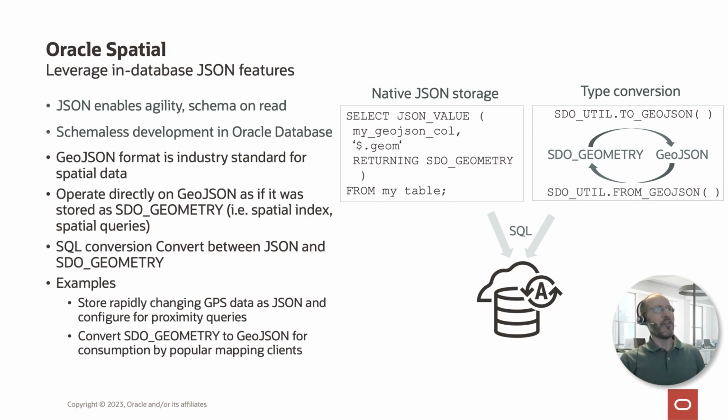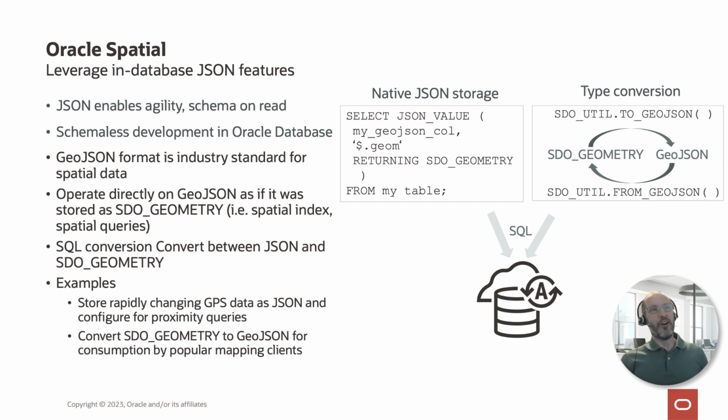So that means that you can enjoy the benefits of this agile management of JSON data with the schema on read, and if it includes GeoJSON, you can apply those spatial functions and spatial operators and spatially index it as if it was stored in a traditional table. That's, even when it's not geometry, the big value of JSON in the database, that's a big part of it, and we just are able to participate and take advantage of that.